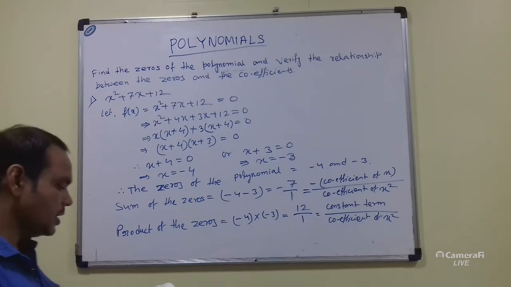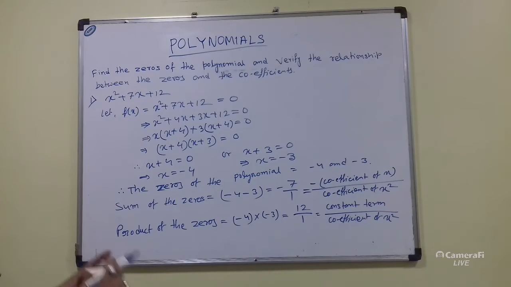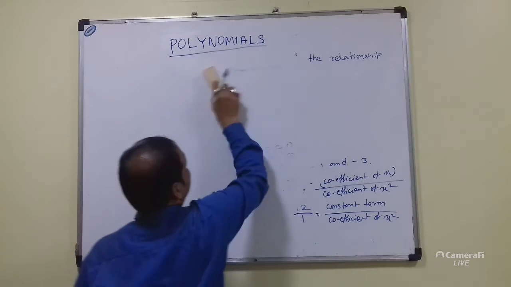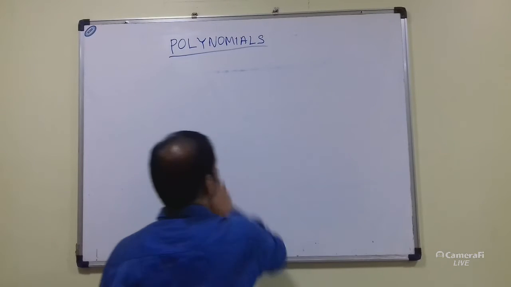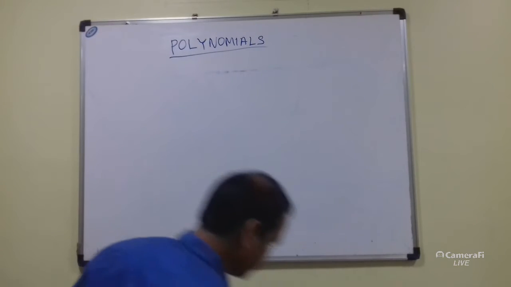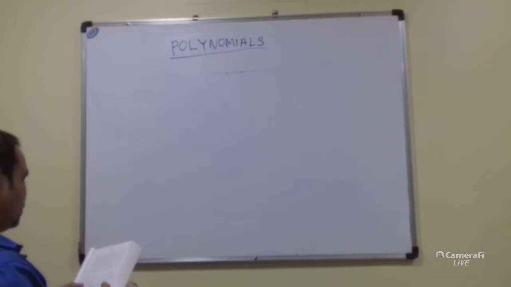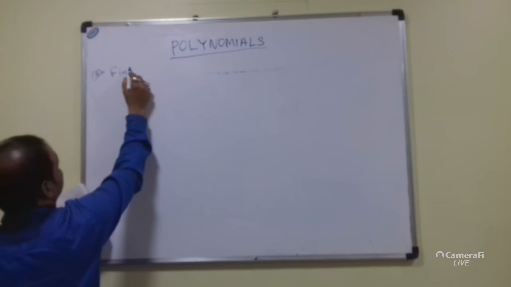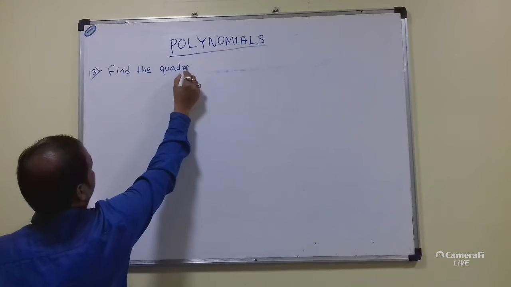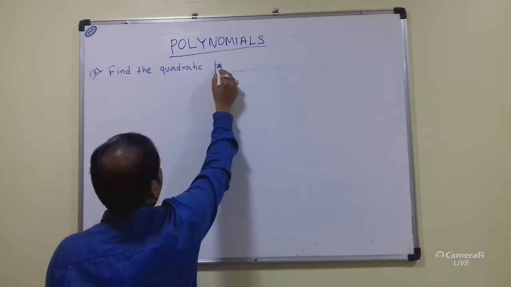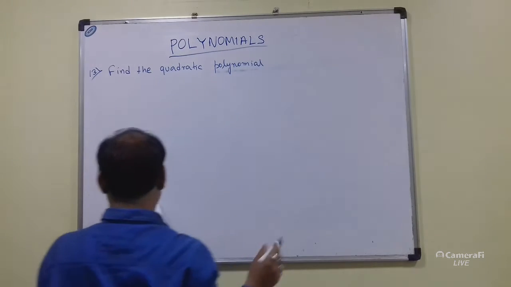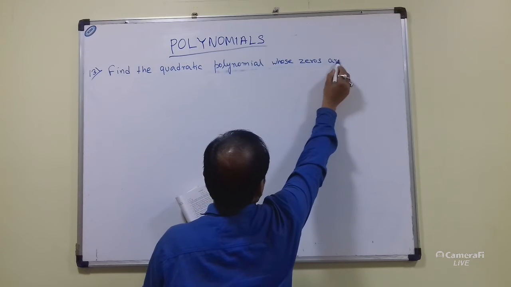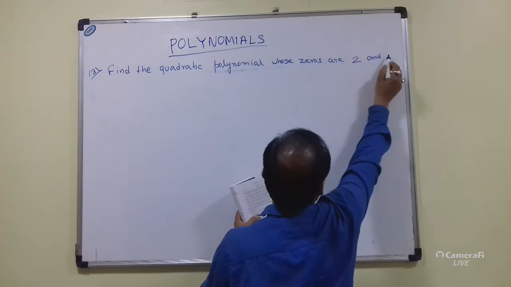Now I am going to show you question number 13. Question number 13 is: find the quadratic polynomial whose zeros are 2 and minus 6.